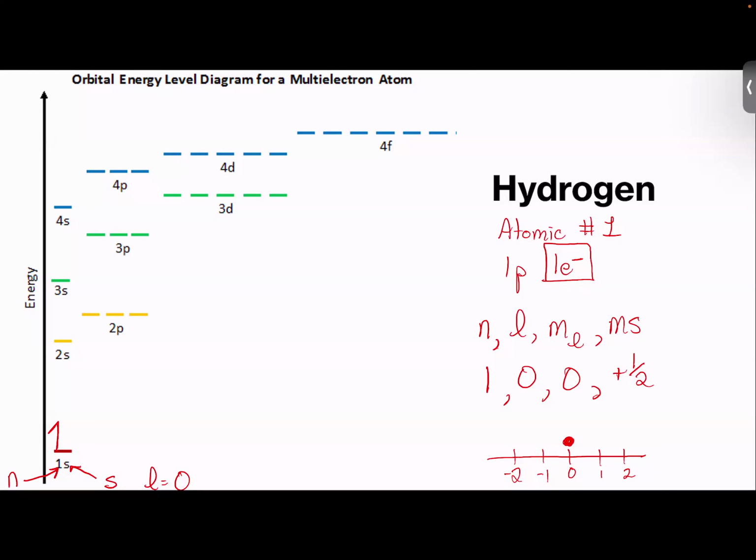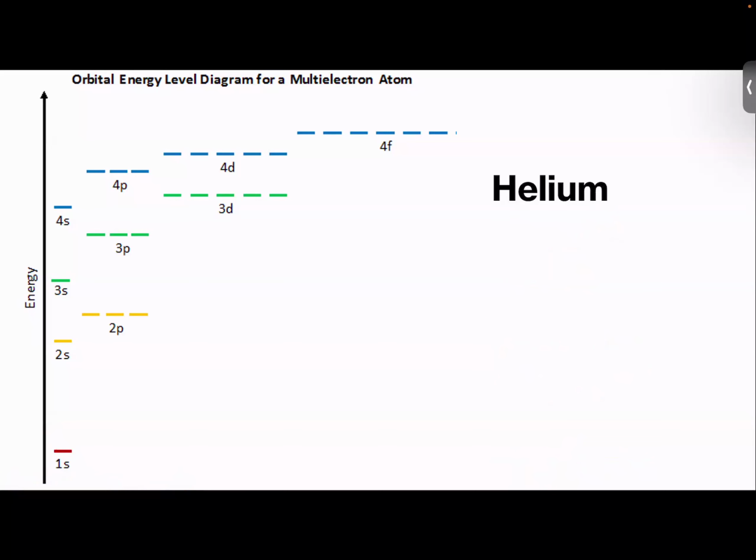Let's look at another element. Let's look at helium. Helium is atomic number 2, so it has 2 protons and 2 electrons. The electrons will go in the lowest shell, lowest subshell.